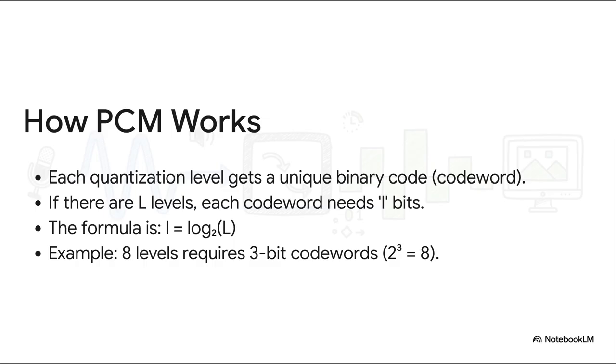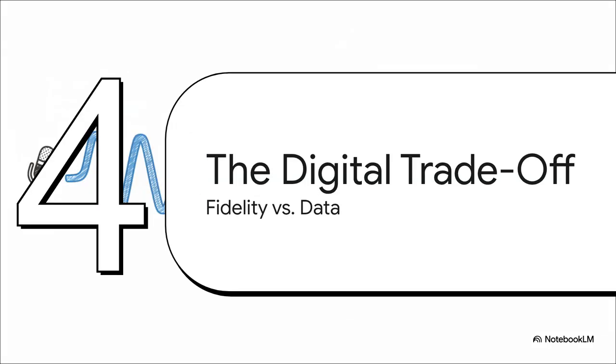But what if you want much higher quality, say 256 levels? Well, then you're going to need an 8-bit name for each one, because 2 to the power of 8 gets you exactly 256 unique names. And all of this, it leads us to the big fundamental truth of this entire process. There's a trade-off.